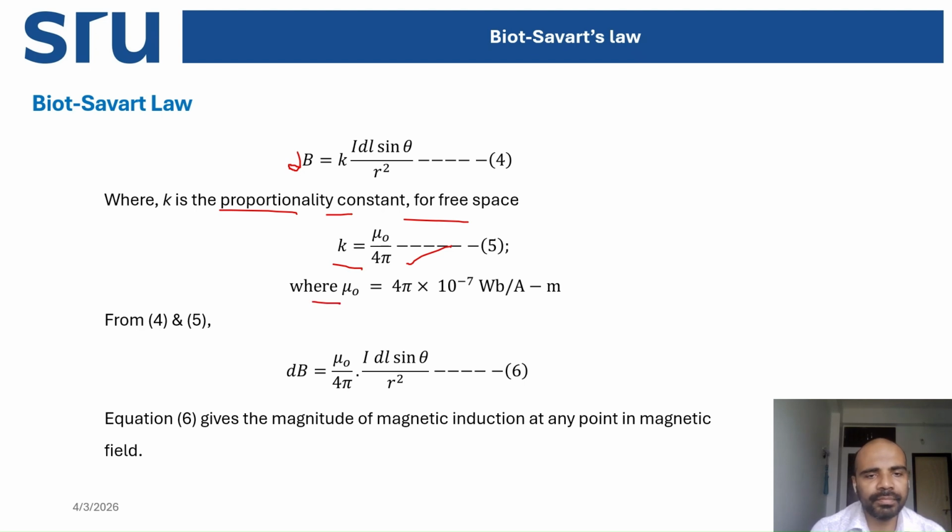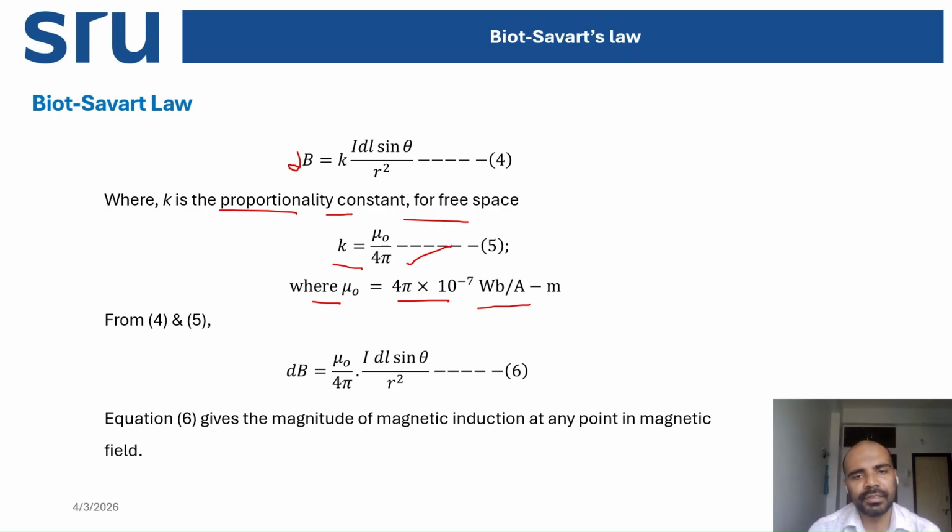Where mu0 is the permeability of free space or vacuum, which is equal to 4 pi into 10 to the power minus 7 Weber per ampere meter, right? So what is permeability?